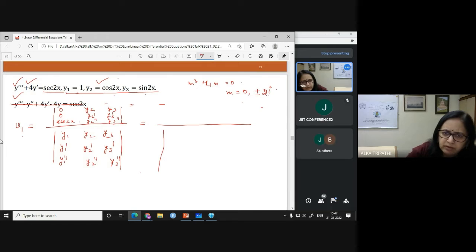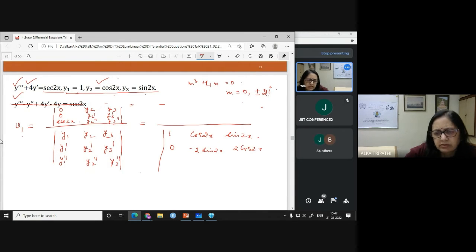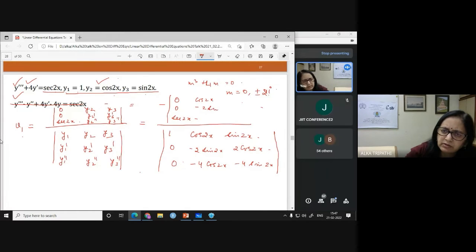It will be 1, cos 2x, sin 2x, then 0, minus 2 sin 2x, 2 cos 2x, then 0, minus 4 cos 2x, minus 4 sin 2x, and the numerator will be sec 2x, then for the second column cos 2x, minus 2 sin 2x, minus 4 cos 2x, and sin 2x, 2 cos 2x, minus 4 sin 2x.